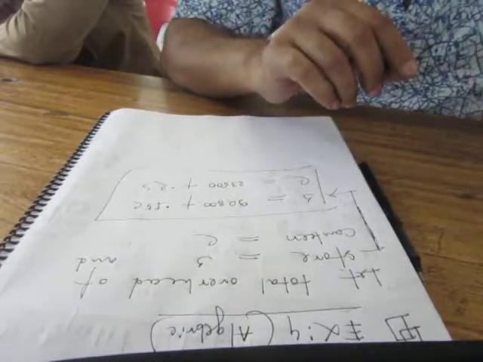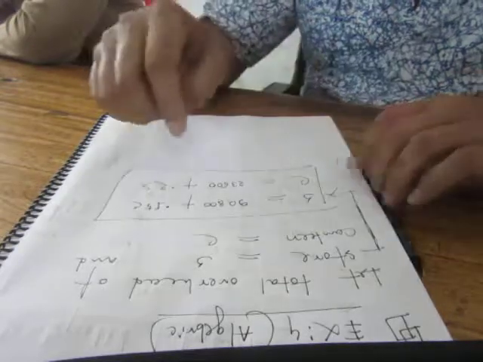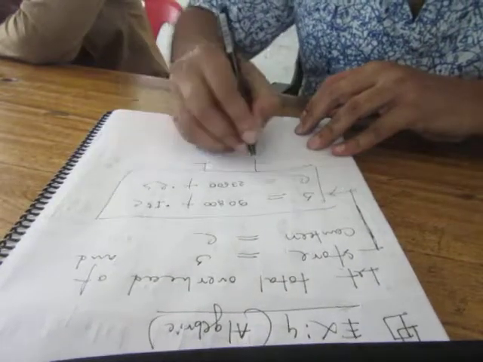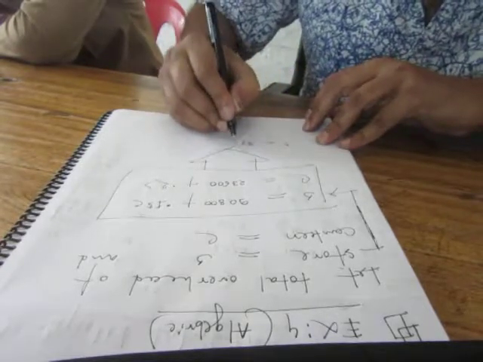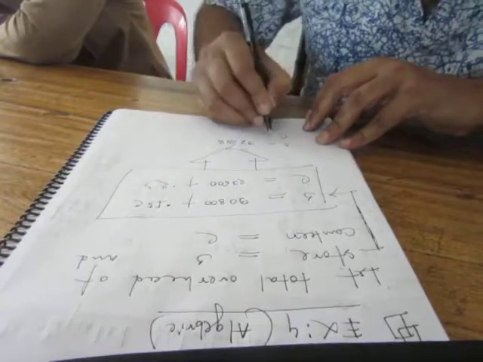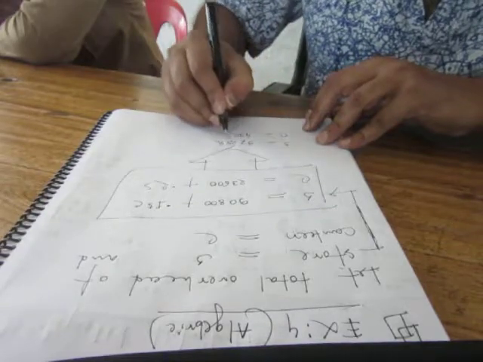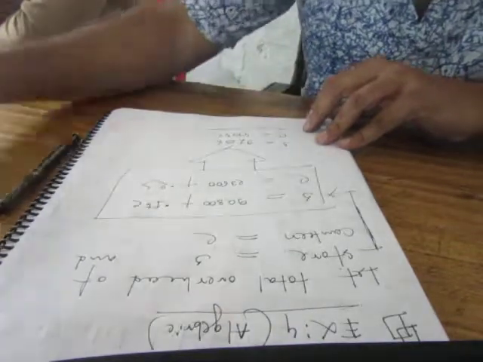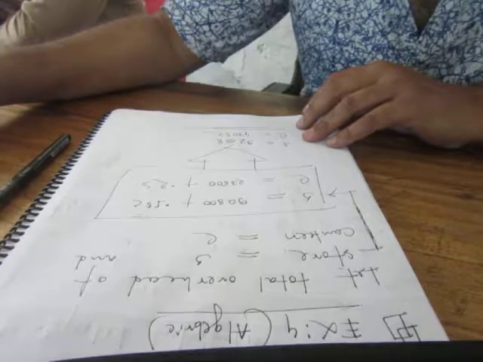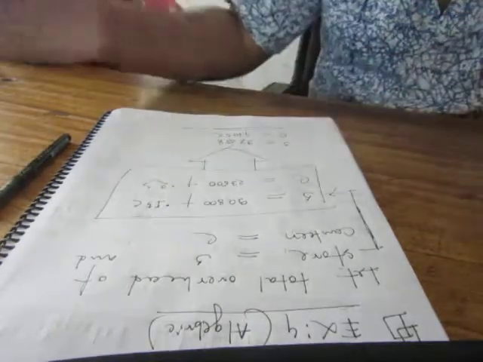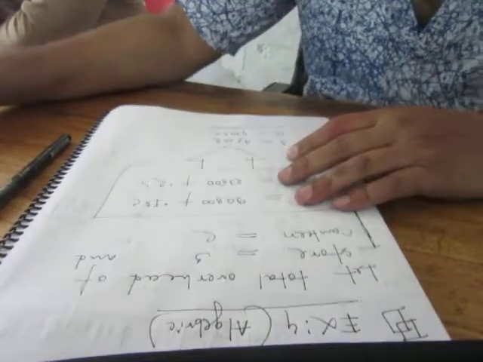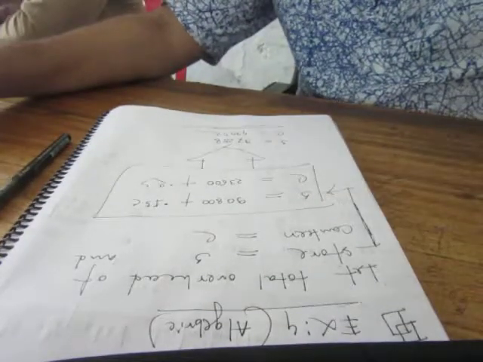I will do it later. After solving these two equations, S equals 97,258 and C equals 43,052. Clear? Now at the end of the day you have to distribute this amount to the other two departments in the way provided.